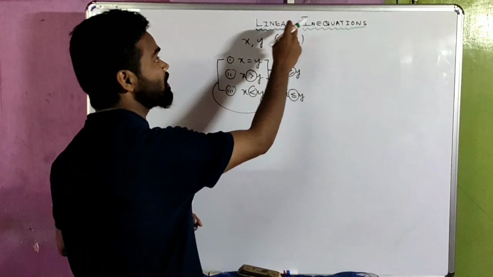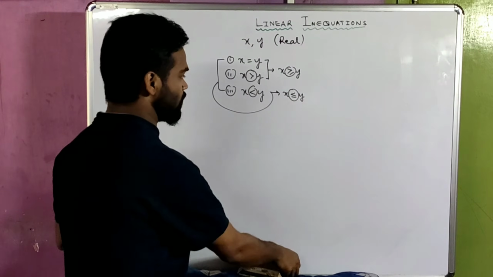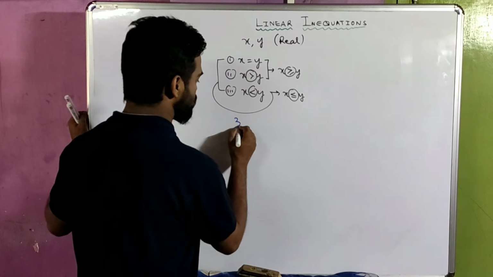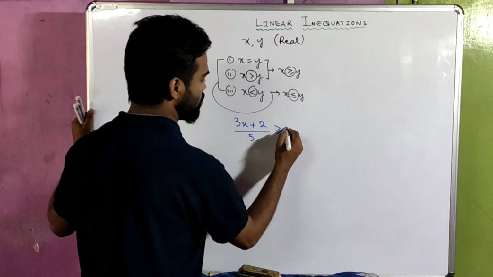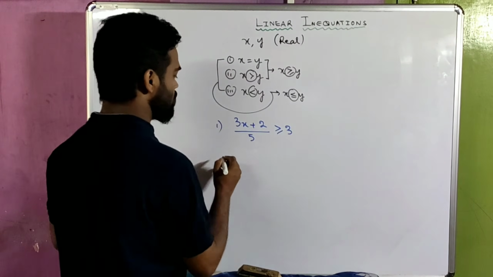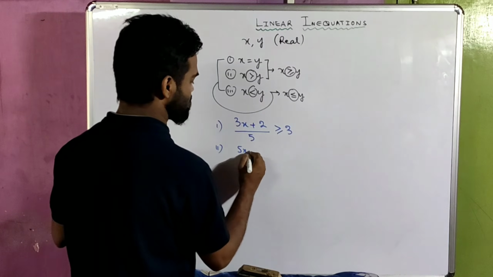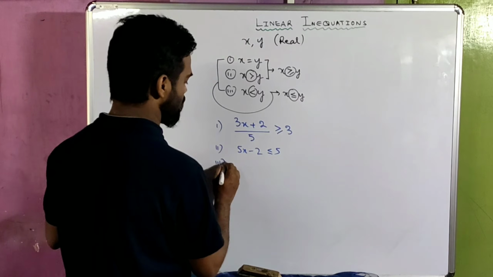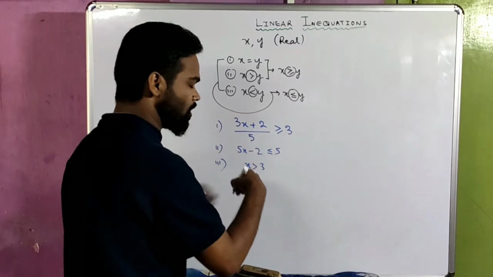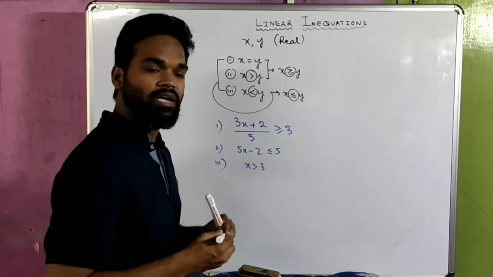as linear inequation. For example, if you look, I write 3x plus 2 by 5 greater than or equal to 3, or 5x minus 2 less than or equal to 5, or x greater than 3. These are all my linear inequations.